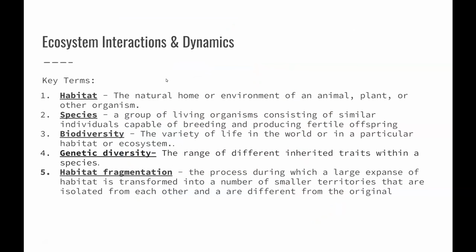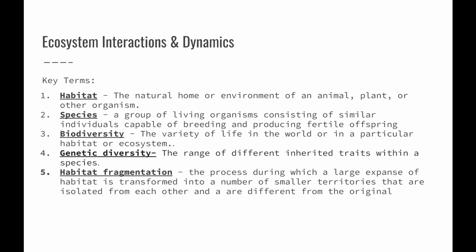Okay, a few more key terms in ecology. One is habitat, and habitat is the natural home or an environment of an animal, plant, or any living organism. A species is a group of living organisms that are similar and they're capable of breeding and producing fertile offspring.